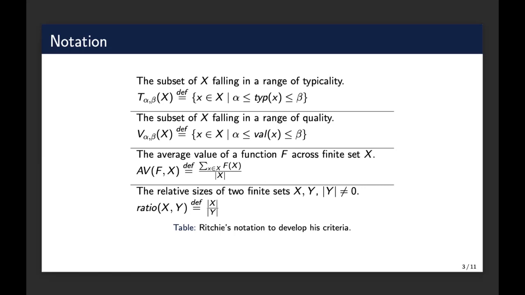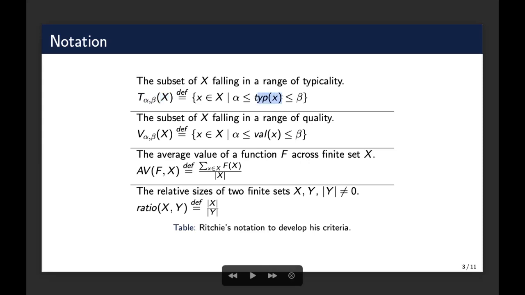So the notation he uses is that we have this typicality, in the range of alpha and beta, and we are using this set of outputs. It could be any other set, but we could use a set of elements that we want to test for typicality. And of course, we have the definition here.